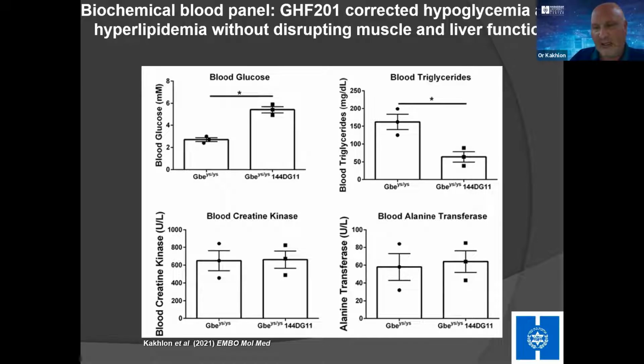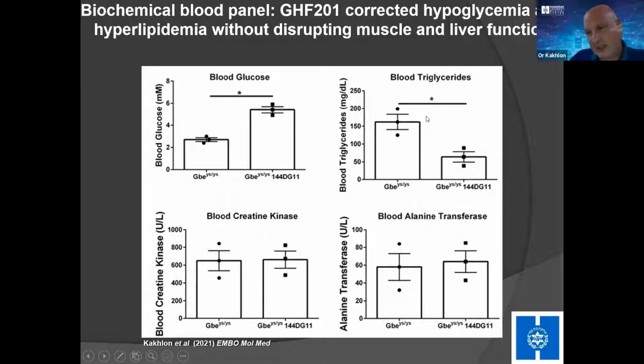As in other glycogen storage disorders, the animal models are hypoglycemic, and treatment corrected this hypoglycemia to almost normal levels. So you can see that the hypoglycemia was reversed by GHF201.